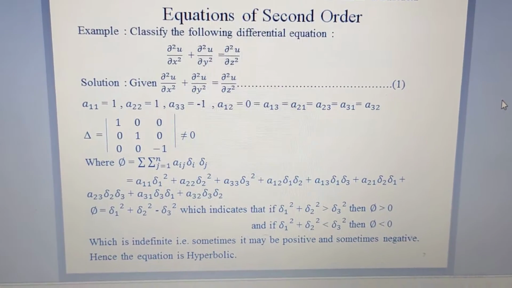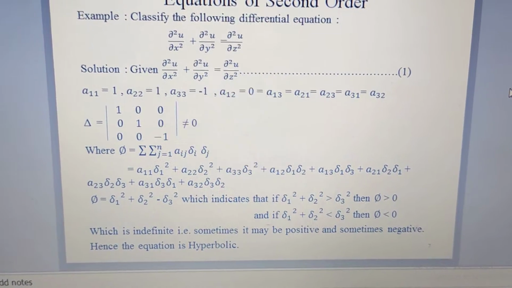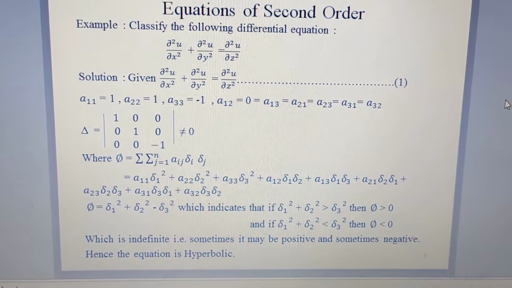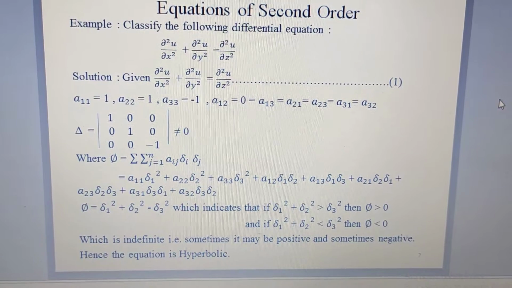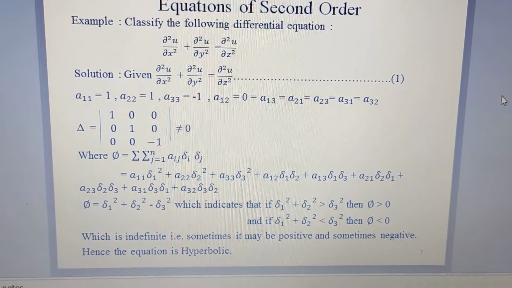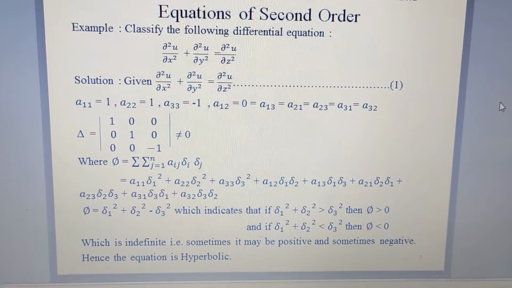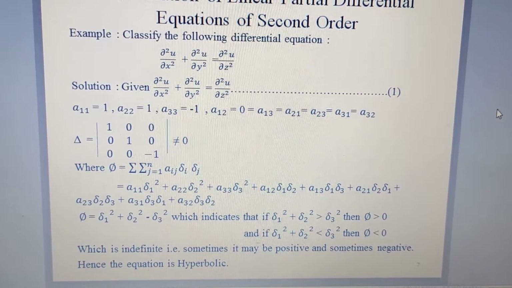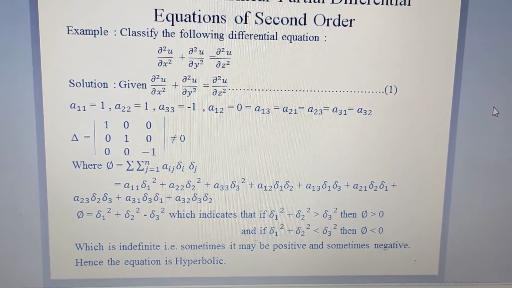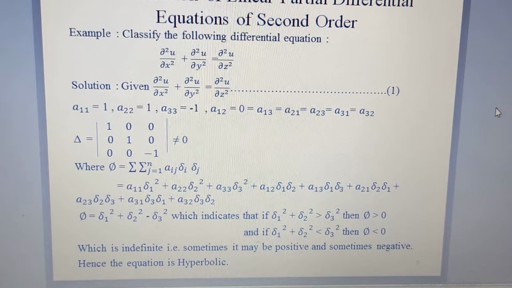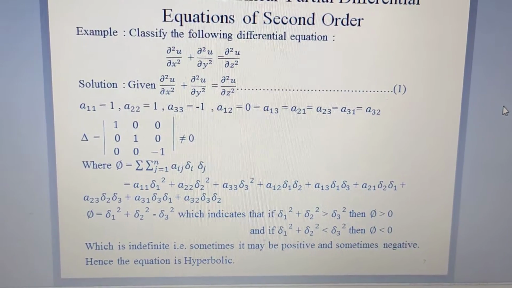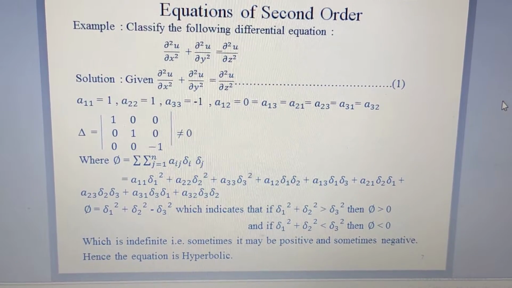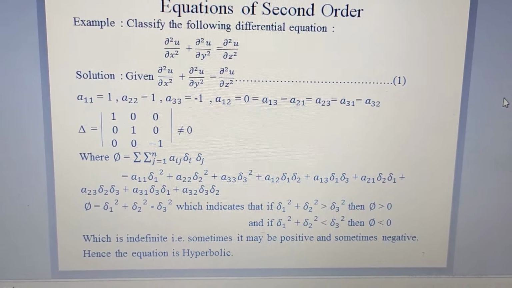Another example, classify the following differential equation: del 2u upon del x square plus del 2u upon del y square is equal to del 2u upon del z square. If we compare the equation with the standard equation, we have A11 is 1, A22 is 1, A33 is minus 1, remaining coefficients are 0. So the determinant is non-zero.